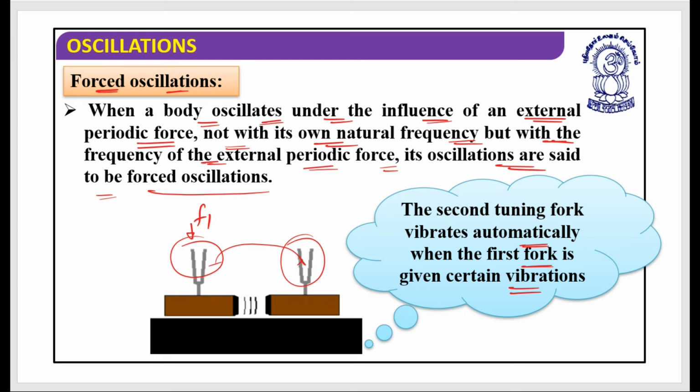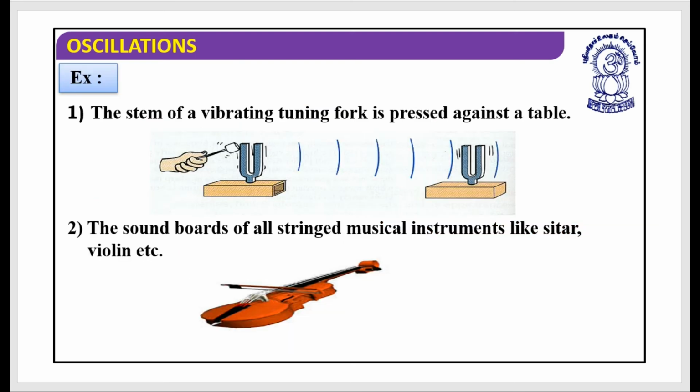They do not oscillate on their natural frequency, or natural time period, but they oscillate due to the driven frequency. I hope this is clear. Yes, great. Next, some examples: the stem of a tuning fork is pressed against a table, and the vibrations are passed on to the second tuning fork.